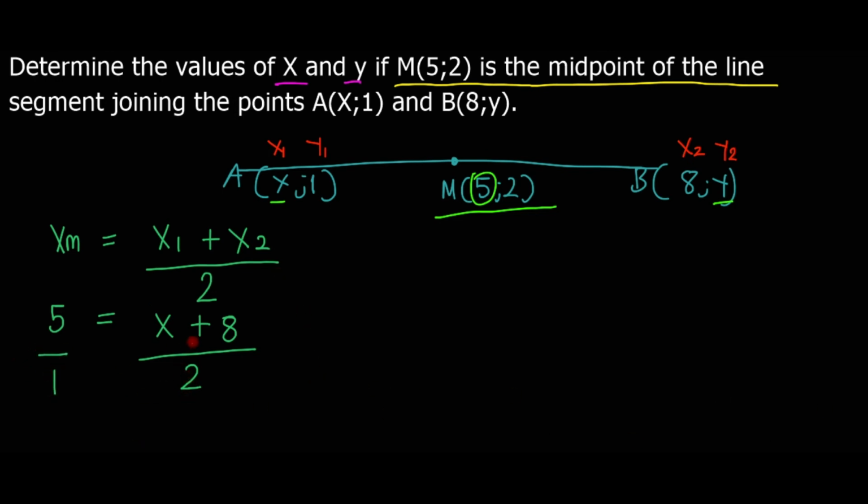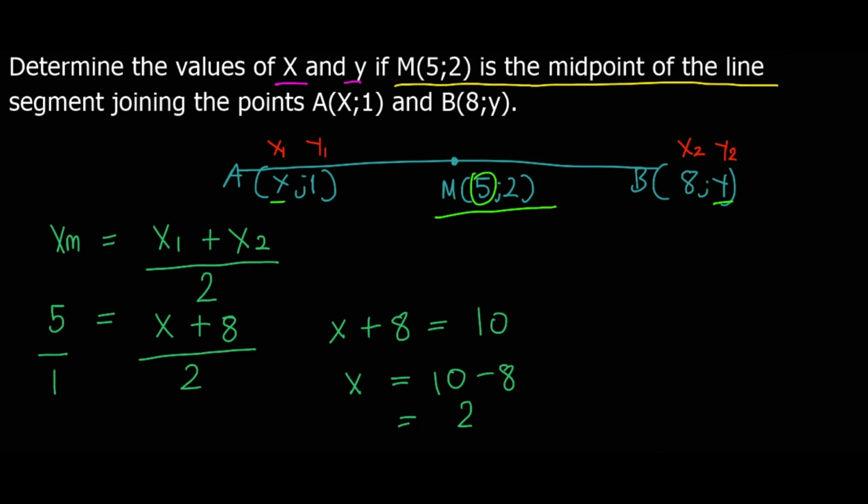We cross multiply: x plus 8 multiplied by 1 will just be x plus 8, and then 5 times 2 is 10, and then from here x is equal to 10 minus 8, and then 10 minus 8 is 2. So we got our x coordinate, this point is 2.